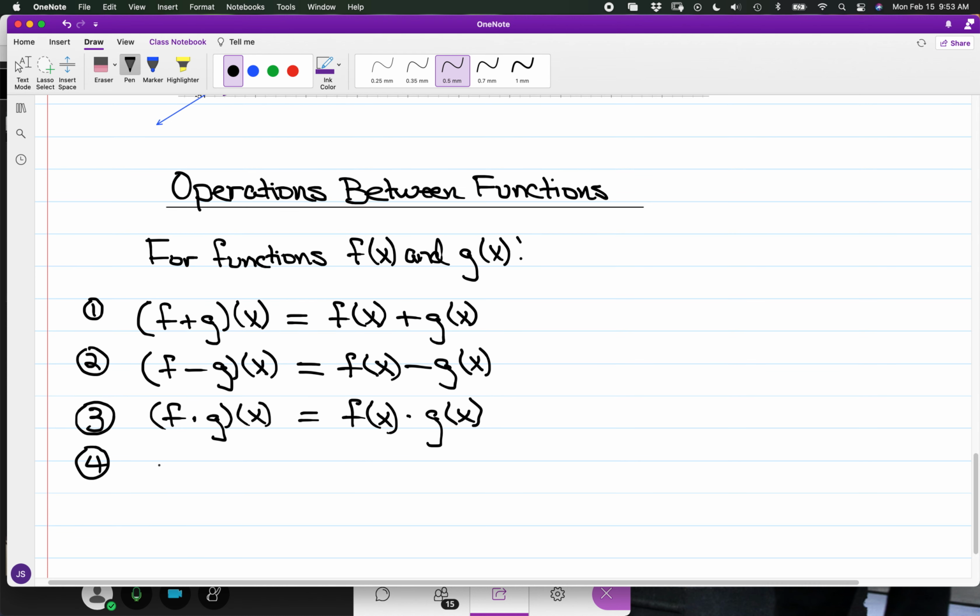And in the case of the quotient function, if we have the quotient function in the notation f over g of x, this will translate out to f of x over g of x.